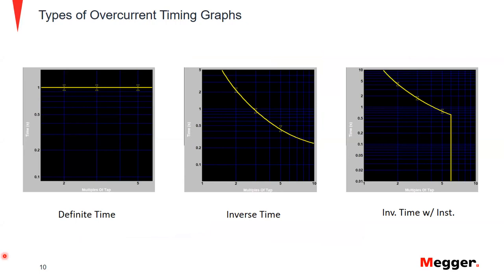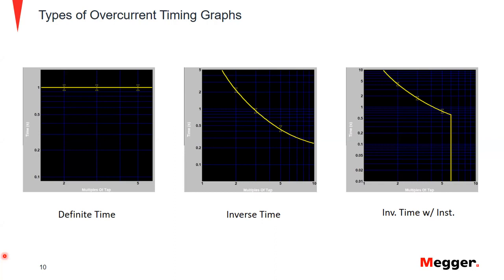Okay, so the different styles of overcurrent can be broken up into different types. You can classify them as definite time, inverse time, or inverse time with instantaneous. Now, definite time allows engineers to adjust the time in fixed steps, with the breaker closest to the fault tripped in the shortest amount of time. So we're just giving it a consistent time over multiples of current.